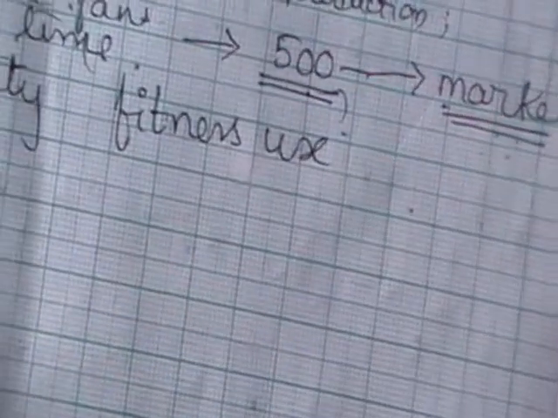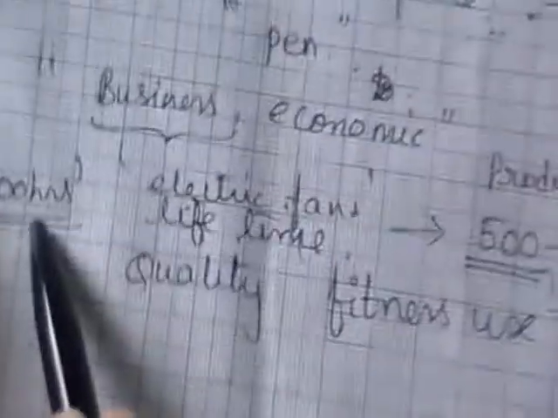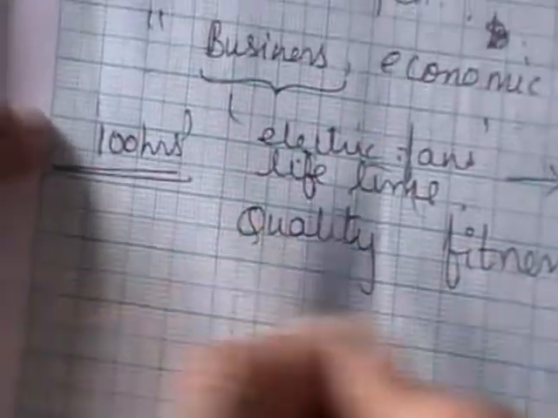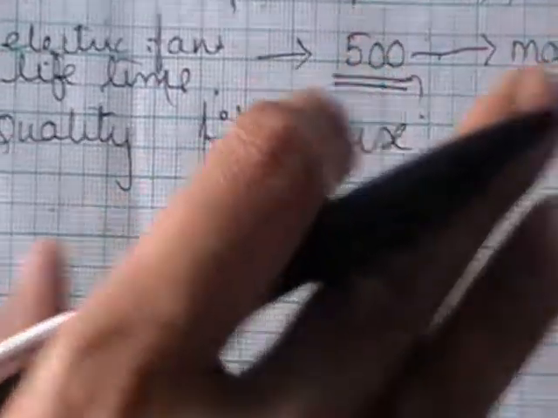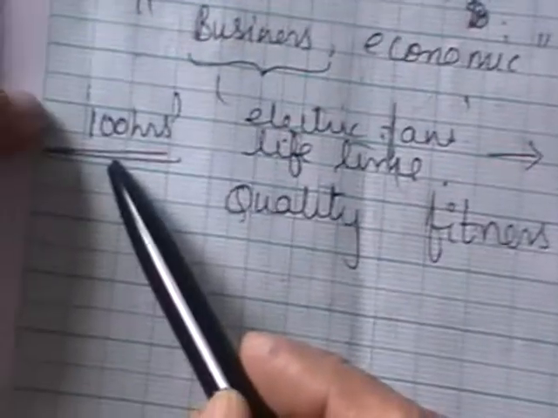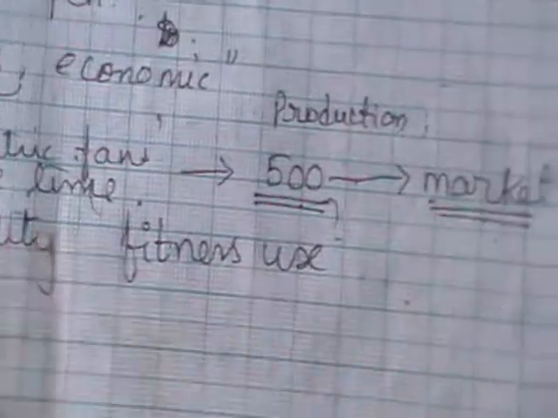After that, they will check how many fans reached 100 hours of lifetime and how many fans have failed in reaching 100 hours of lifetime. They are testing the lifetime of each fan. So if, out of the selected sample, the majority of fans reach the required lifetime, they release all these 500 to the market.